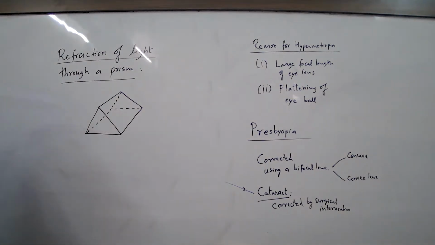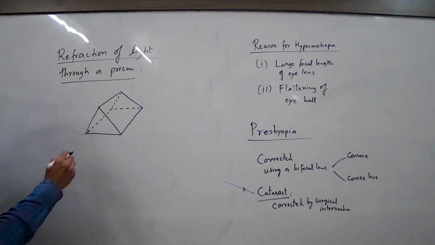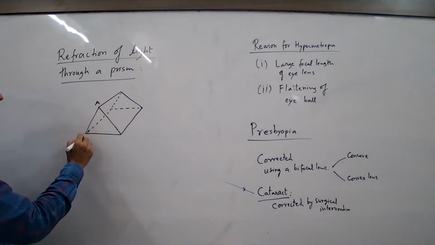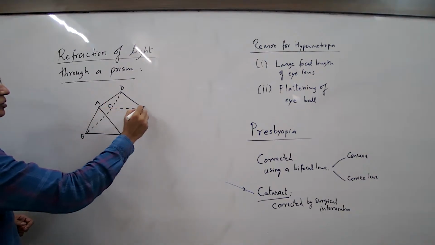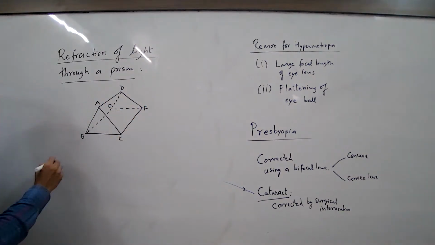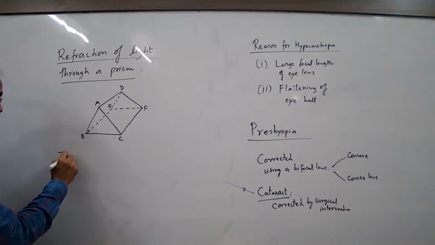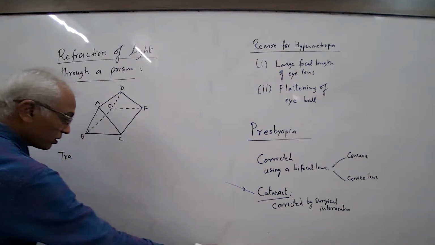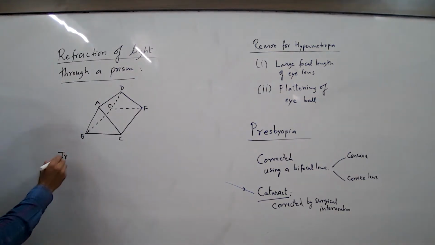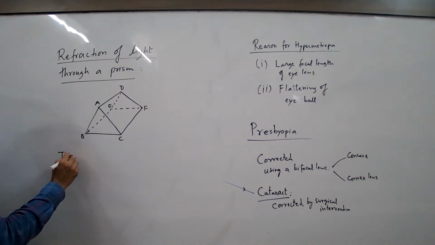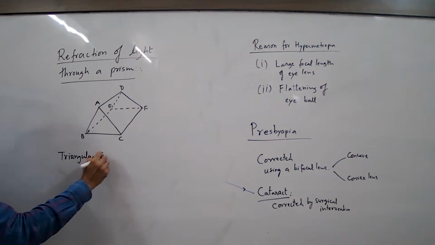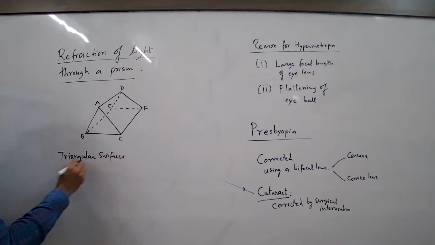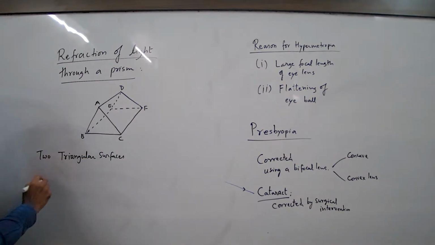Okay, so the prism appears like this. So, if you name this as ABC, DEF. So it has 2 triangular surfaces.